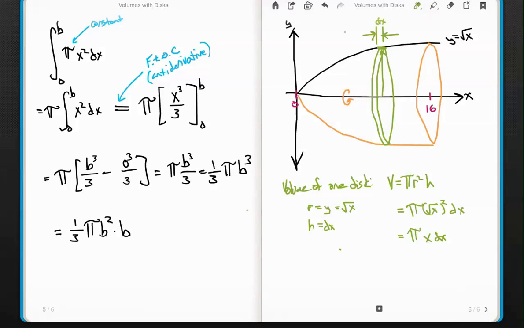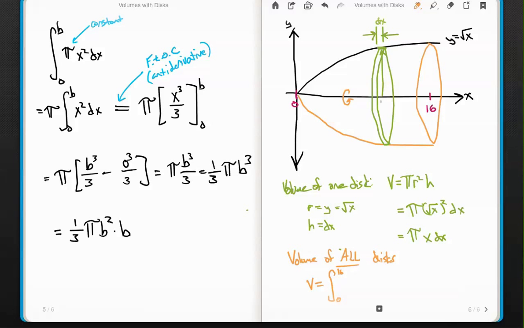Right, so if I want the volume of all my disks, that equals V equals the sum, right? That symbol looks like an S for a reason. From 0 to 16. That's all the values of x that I'm going to use.